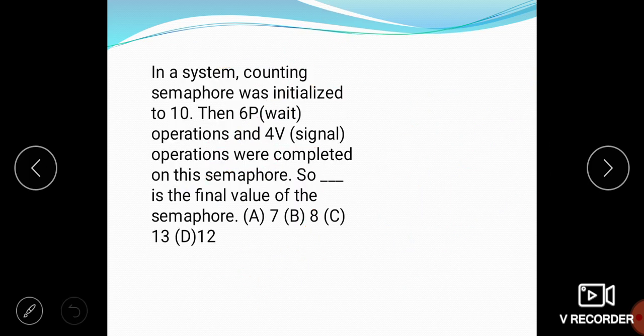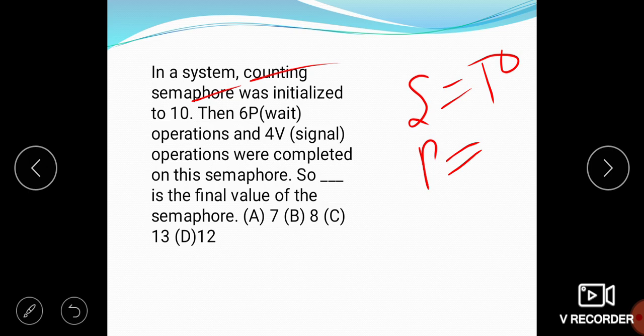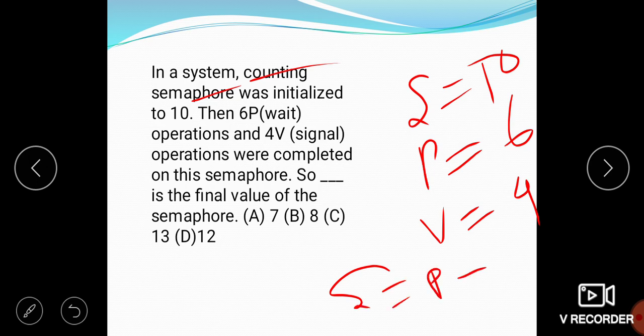Now next, this is the counting semaphore problem. The data given is that S is 10, P, that means wait, is 6, and signal, that means V, is 4. So S equals, this is the formula, S minus P plus V. P is the wait, so we always subtract the wait value.